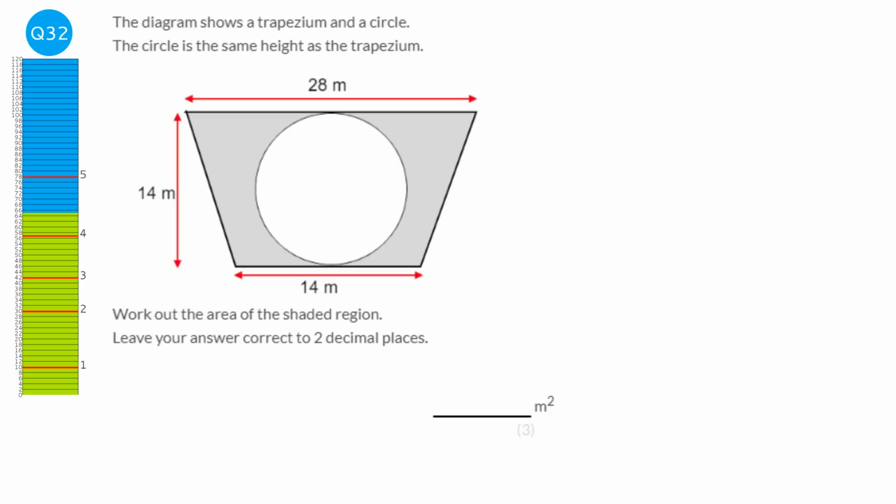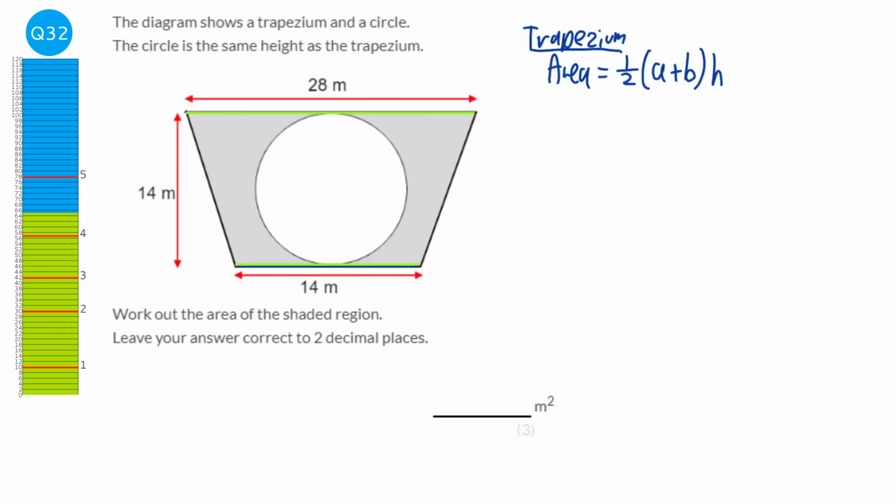So the first thing we're going to do is work out the area of the trapezium. And the formula for that is half brackets a plus b times h. Now a and b have to be the parallel sides. So here we've got the two parallel sides. Just pick a different colour. Here and here.